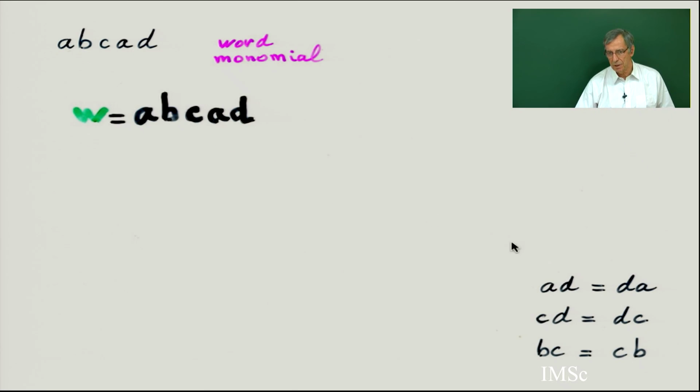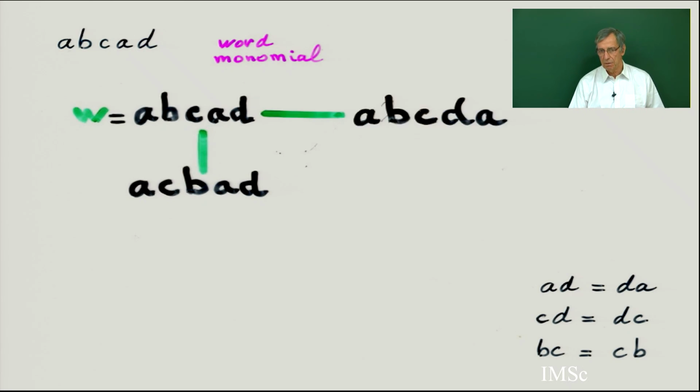And then for this commutation rule, I am going to do some commutation of letters. You take two consecutive letters, like this one, BC, and then you apply the commutation rule BC equals CB, and you get another word, ACBAD. Then I can repeat in another place, AD equals DA, so I get another word by commuting these two consecutive variables.